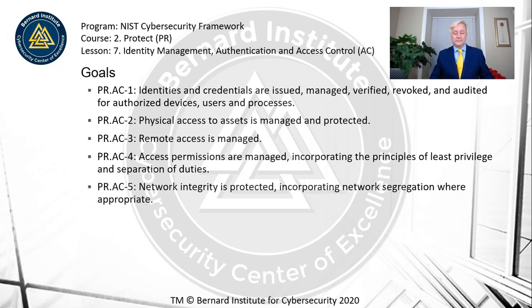Goal number 5, network integrity is protected, incorporating segregation where appropriate. So in a lot of networks, it's possible for us to separate where, for instance, we have payroll processing in one area. We only need the payroll department to have access to that area. We have a finance department.